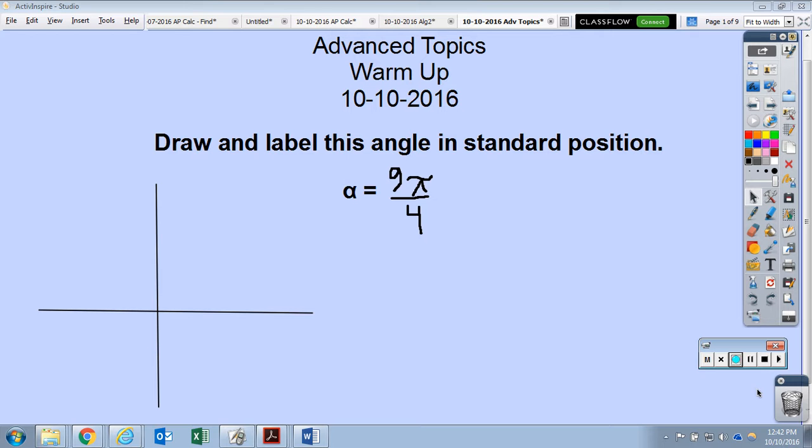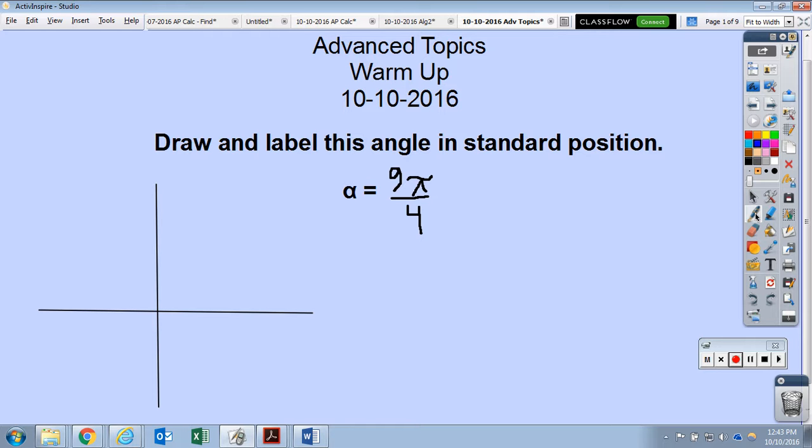Okay? What is one thing we know? To get started on this one, this looks like it's more than pi. Is it more than 2 pi? What is 1 full revolution?